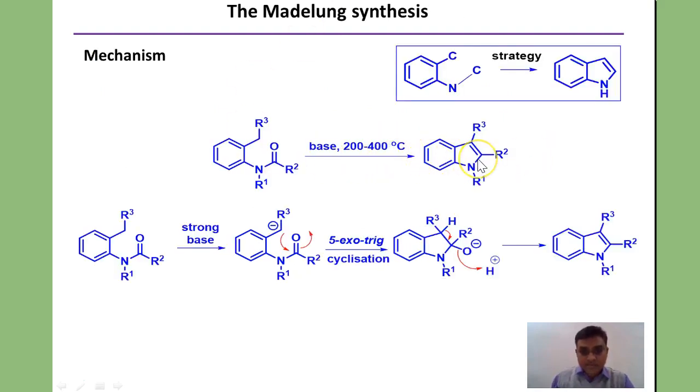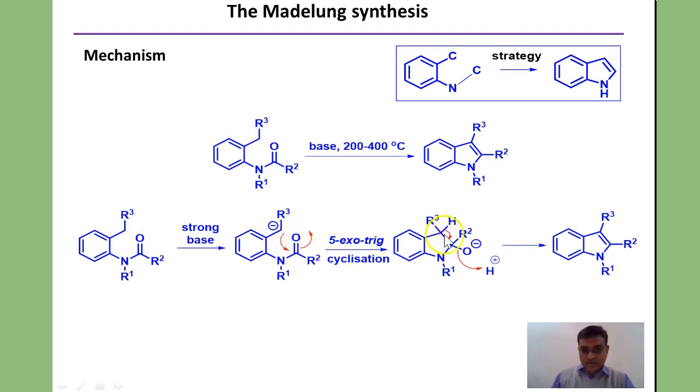Let us see the mechanism of this reaction. Now orthoalkyl anilide is the general name of this substrate. This orthoalkyl group is not fairly acidic in nature, and therefore we require very strongly basic conditions. In the presence of a base it generates a carbanion, and this carbanion attacks the carbonyl carbon atom.